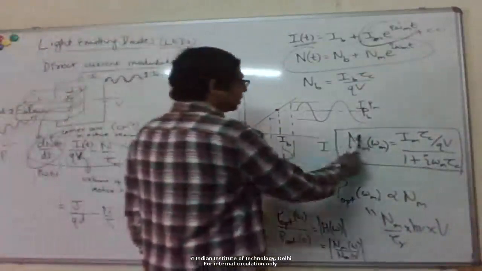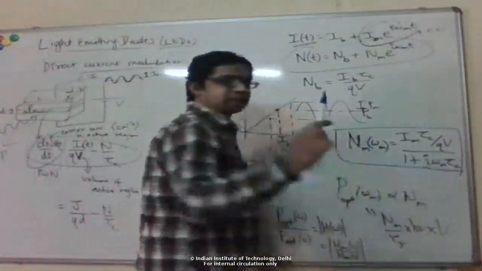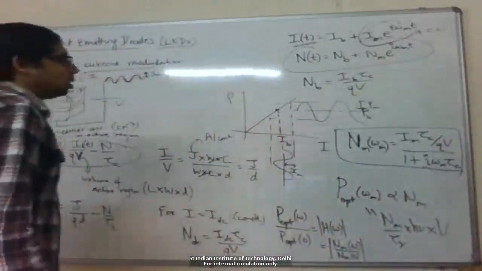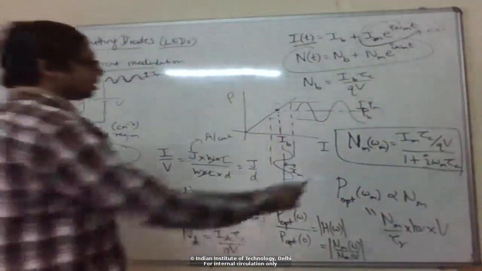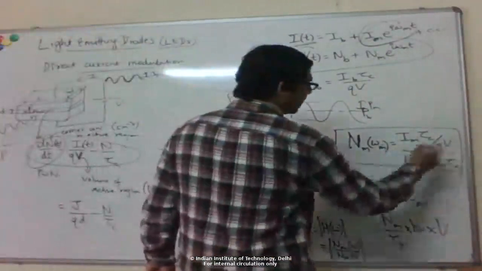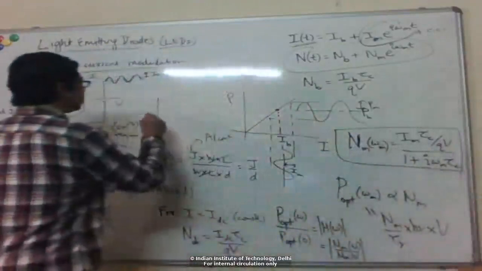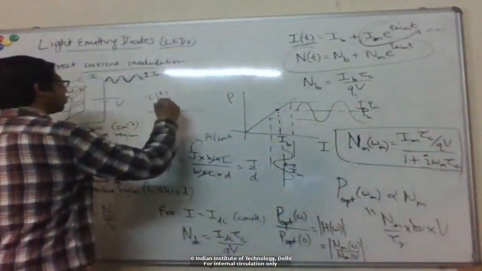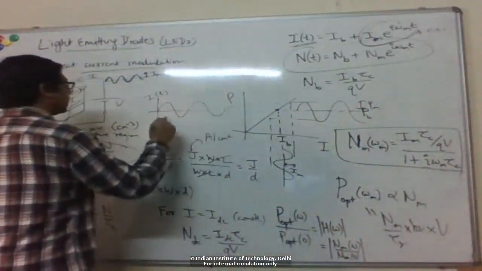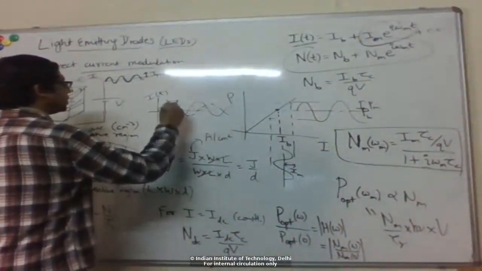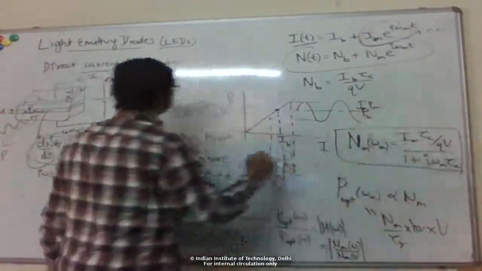So that just means that the carrier concentration is out of phase with the current, right? So this I can write as a magnitude times phase. That phase is the phase difference between, so if I plot I of t and then plot n of t, there's some phase difference here, which is the phase of this.